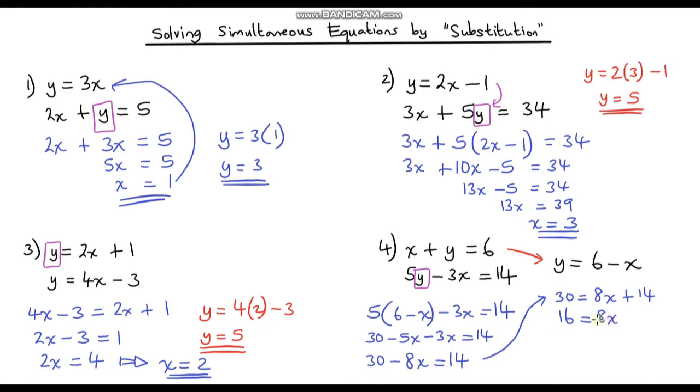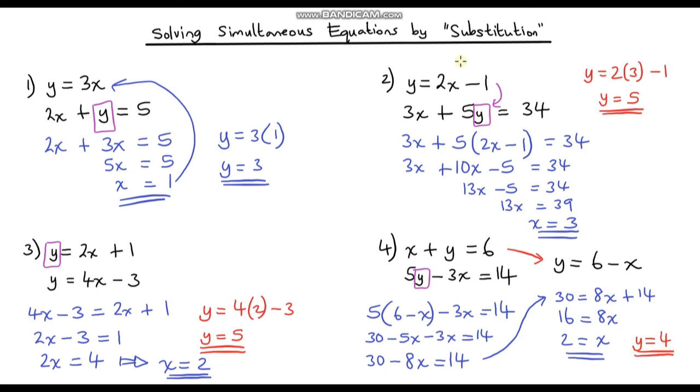And then finally divide both sides by 8, we're left with 2 equals x, or x equals 2, whichever way around you would like to say it. So x equals 2, and now I don't really need to do any calculations. I can see that y is going to be 4 because 2 plus 4 equals 6. So x equals 2 and y equals 4.